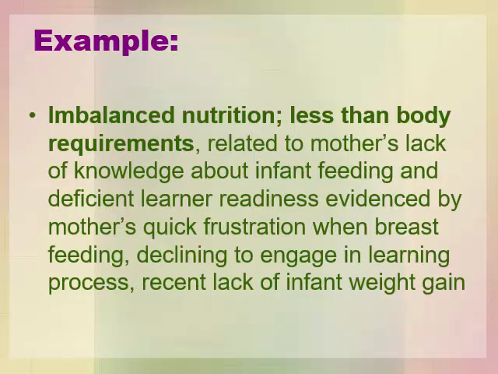An example would be imbalanced nutrition, less than body requirements, related to mother's lack of knowledge about infant feeding and deficient learner readiness, evidenced by mother's quick frustration when breastfeeding, declining to engage in learning process, and recent lack of infant weight.